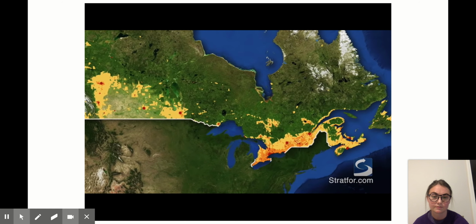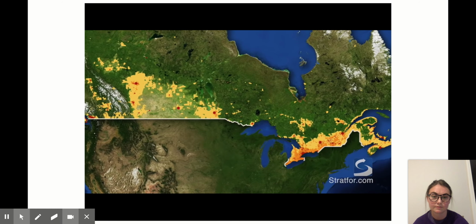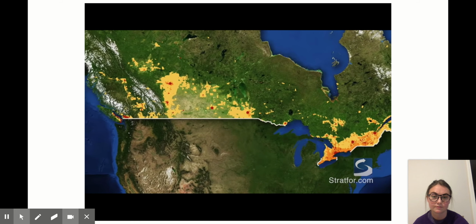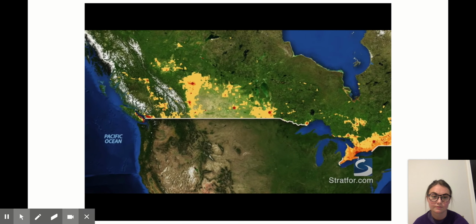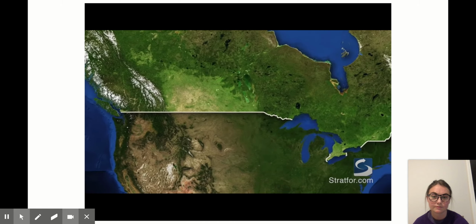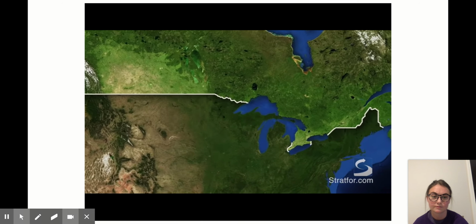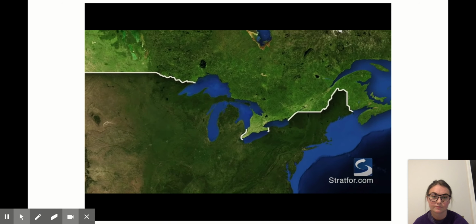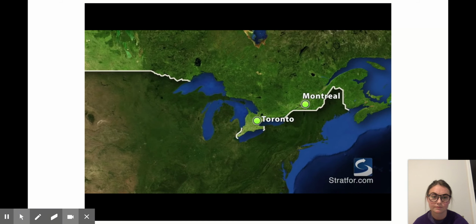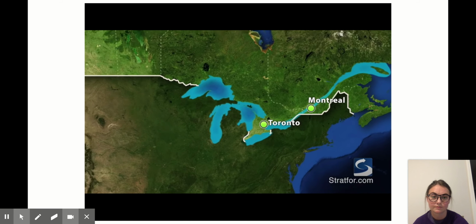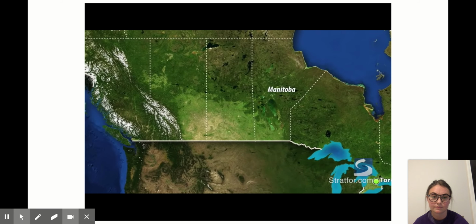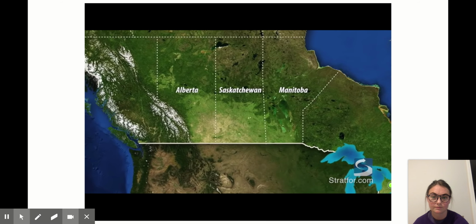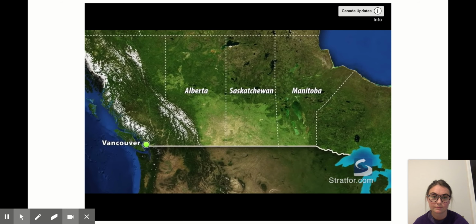However, this population is spread across a distance of roughly 7,000 kilometers from the Atlantic to the Pacific Oceans. Canada's primary geographic challenge is maintaining unity across its diverse population cores, which include Toronto and Montreal in the Great Lakes watershed, the prairie provinces of Manitoba, Saskatchewan, and Alberta, and Vancouver on the Pacific coast.